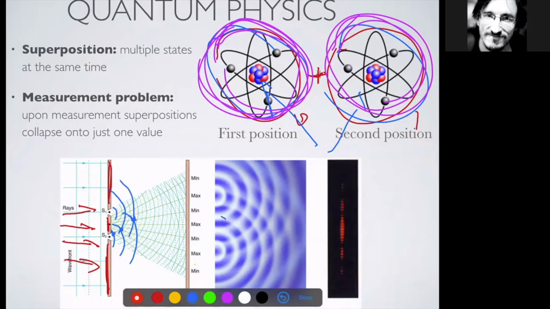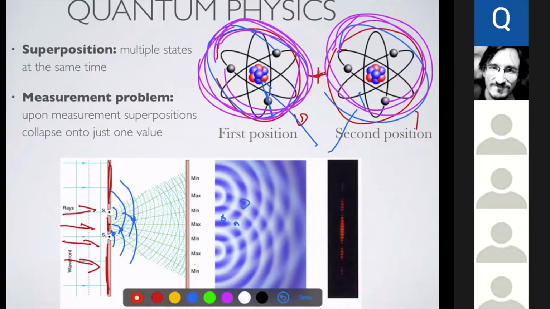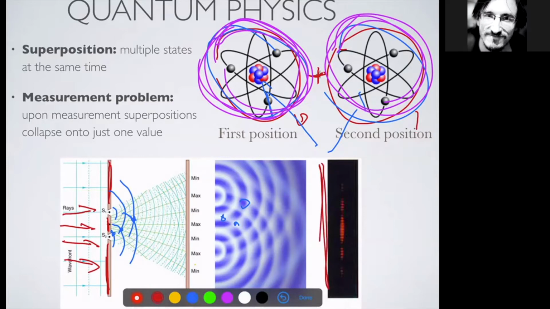As you can see over here, you get points of constructive interference and points of destructive interference. You can see this in the bathtub. If you just make two waves on the surface, you can see the points where they interfere. And then if you measure them at the output here, you see this interference pattern.